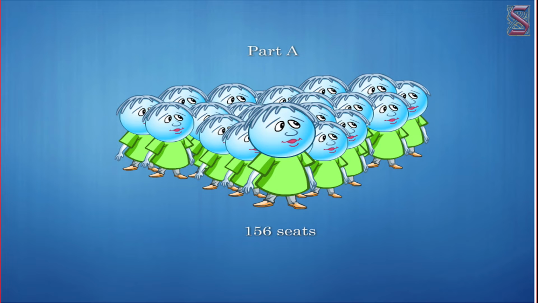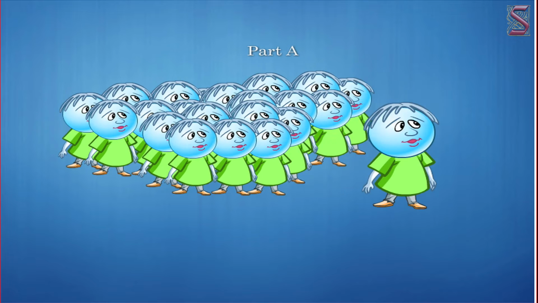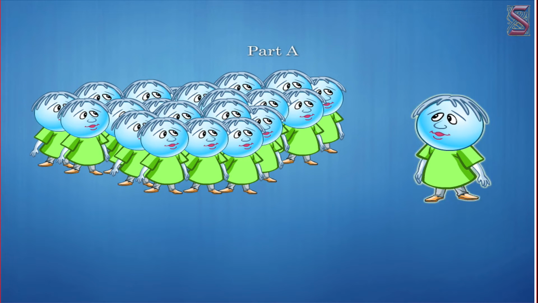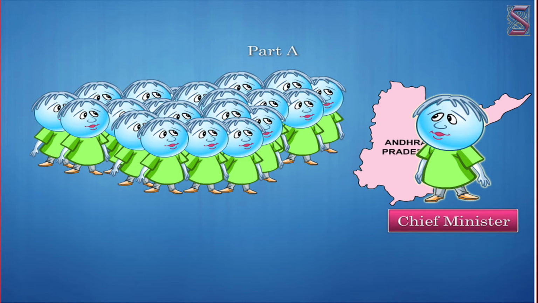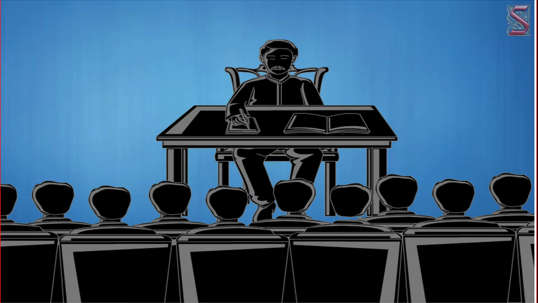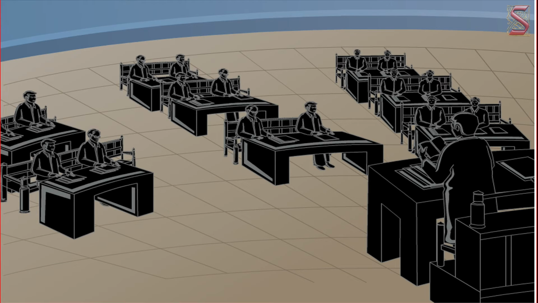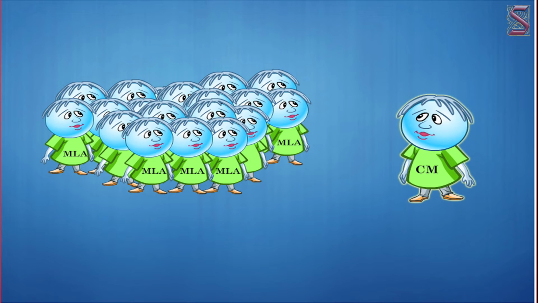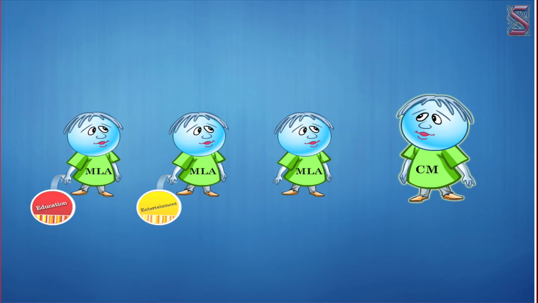Right? So Party A will elect one member amongst themselves as their leader, who will become the Chief Minister of the state. The Chief Minister will then make his cabinet. That is, he will select some members from the elected MLAs and hand them the responsibilities of various portfolios like education, entertainment and agriculture.